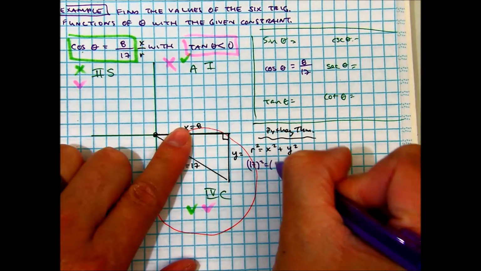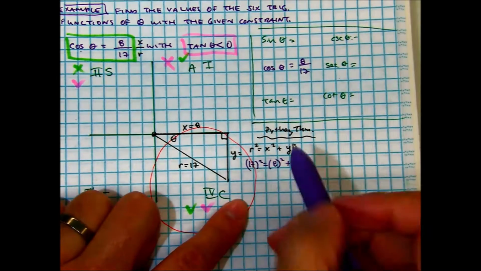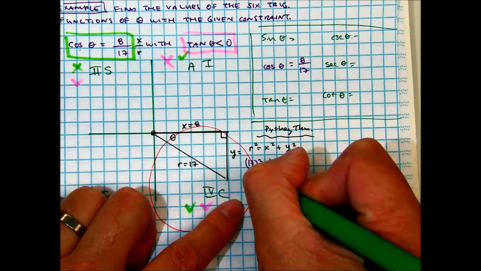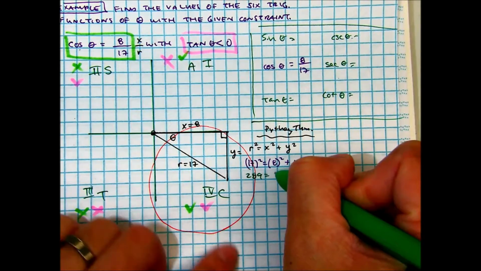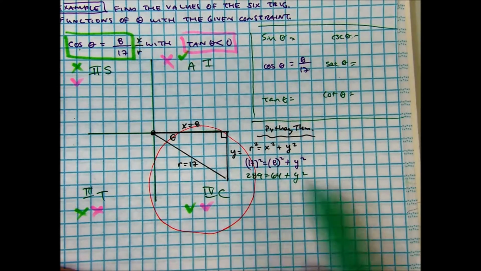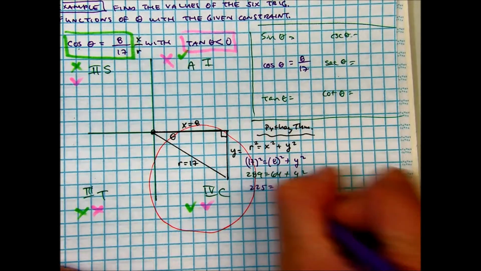17 squared, class, 289 equals 64 plus y squared. I subtract 64 from both sides. To get rid of the power of 2, how many solutions do we have?